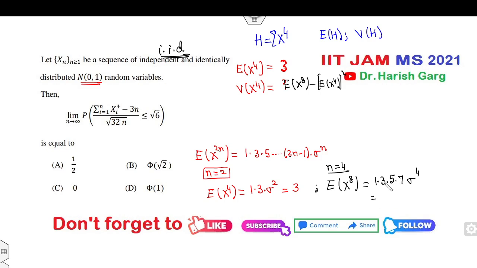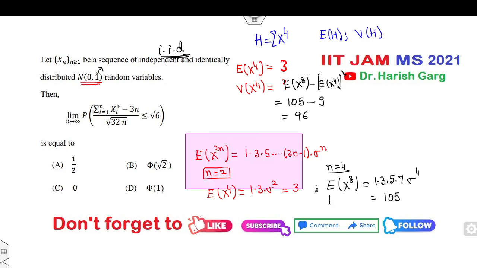So 1 times 3 is 3, times 5 is 15, times 7 is 105. Sigma square is 1, so that is 105. So this part is 105 minus (3) whole square, that is 9. If you subtract them, it's 96.